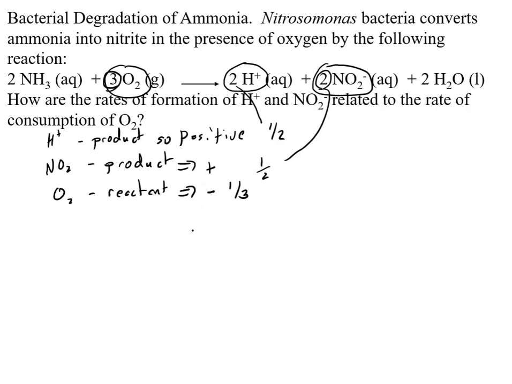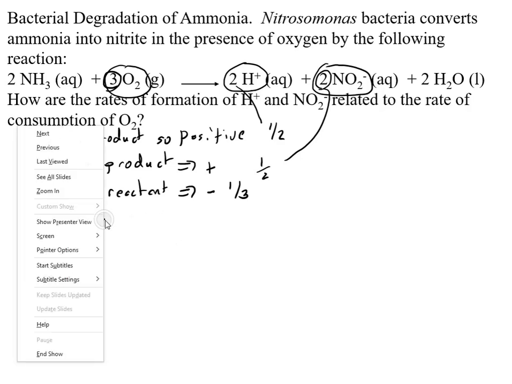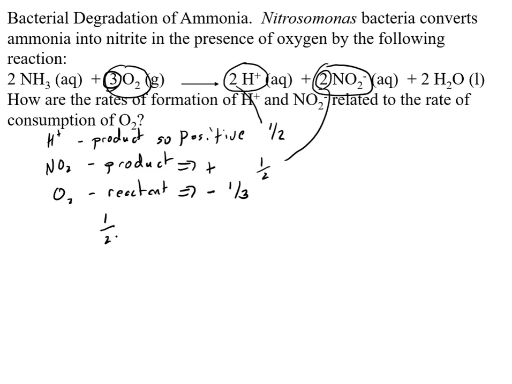So now I'm going to write the fractions for the rates. 1/2, the change in H+ over the change in time. You have to write both halves of the expression; just knowing this does not give you the answer.